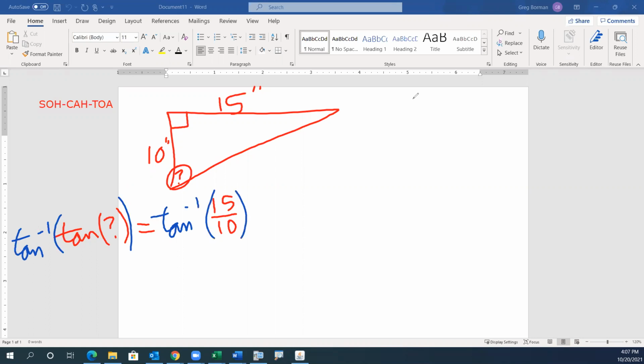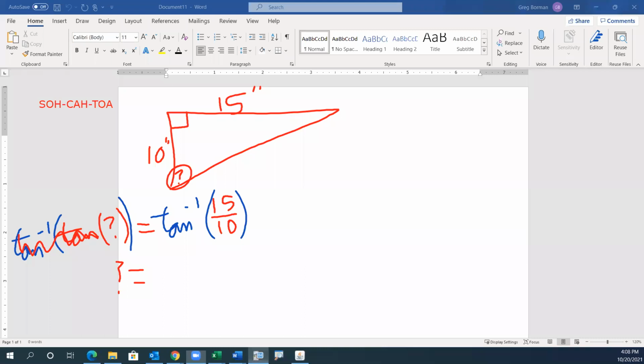Suffice to say, this is the opposite of this, and therefore these two cancel each other, and I'm just left with the angle on the left side. So how do I do tangent inverse of 15 tenths?